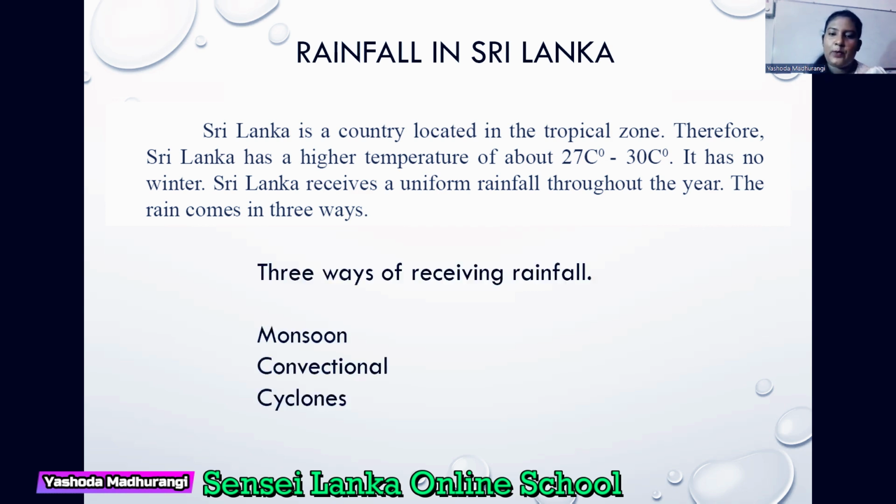That is the most important part. 3 ways of receiving rainfall: monsoon, convectional, and cyclones. These are the 3 ways of receiving rainfall in Sri Lanka. Remember these 3 names: monsoon, convectional, cyclone. So we are going to learn these now.